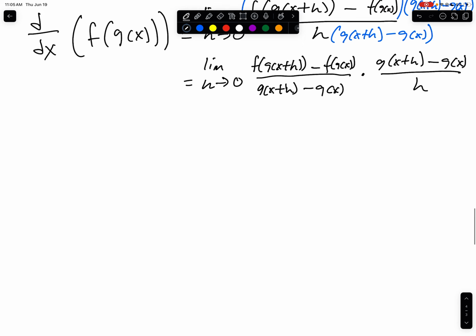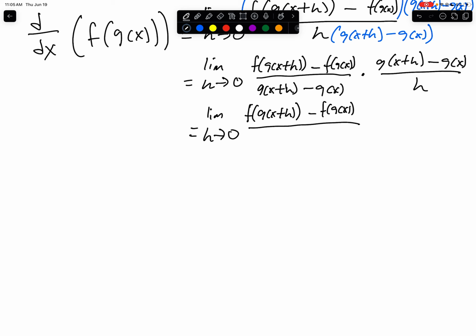And now using one of our properties of limits here, I can split this limit up as a product of two limits. So we can have the limit as h approaches 0 of f of g of x plus h minus f of g of x all over g of x plus h minus g of x, times the limit as h approaches 0 of g of x plus h minus g of x all over h.